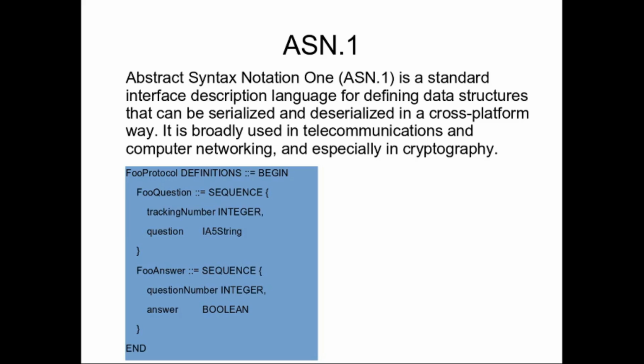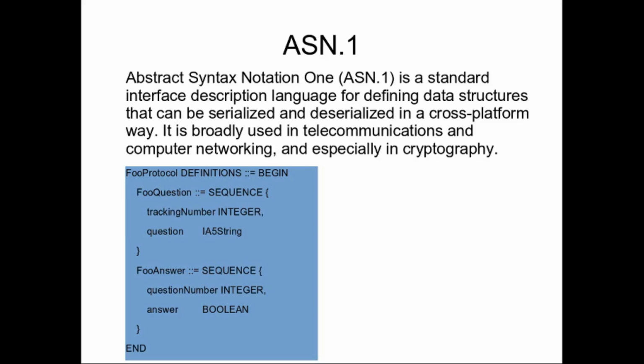Once you send something from one computer to the other, we first have to take this bit stream, serialize it, and through serial communication send it to the other party. The other party can take this series of 1s and 0s and convert it back to the message. So there should be some well-known format or agreement on how I will send from one side and how I will receive from the other side. That is ASN.1 syntax notation.